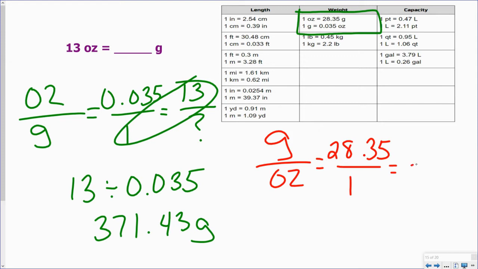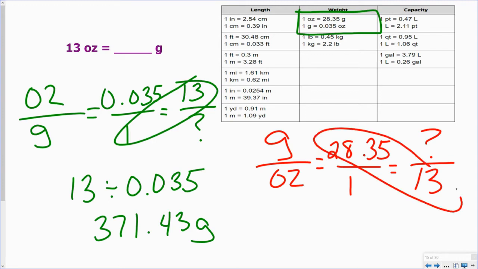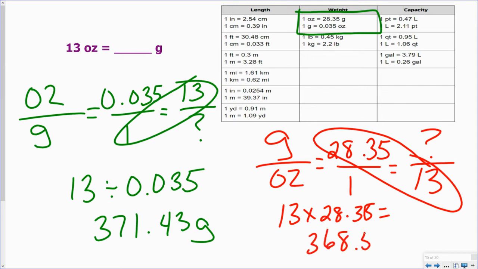And again, I'm looking at 13 ounces. Still trying to figure out how many grams that is. So I cross multiply. So I'd multiply these two numbers together, and that would give me a total of 368 and 55 hundredths grams.